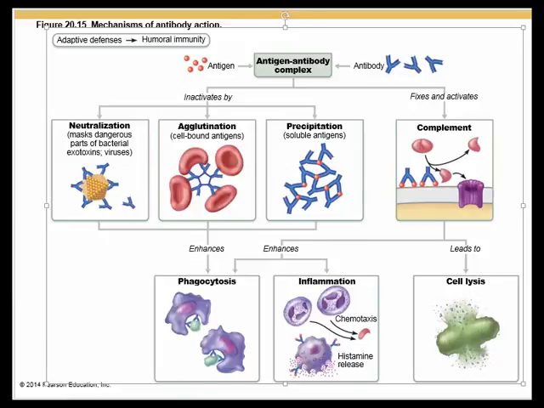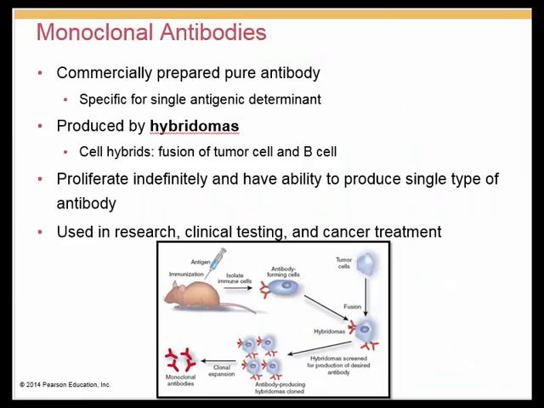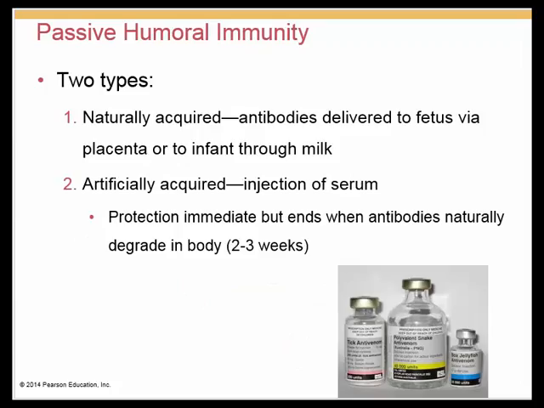Go antibodies. All right, when I spoke earlier about the passive immunity, let me see if I can roll back to this slide here for you real quick. Bam, right there. The passive humoral immunities, where we had artificially acquired antibodies by a serum injection to protect ourselves from ticks and jellyfish venom, things like that.